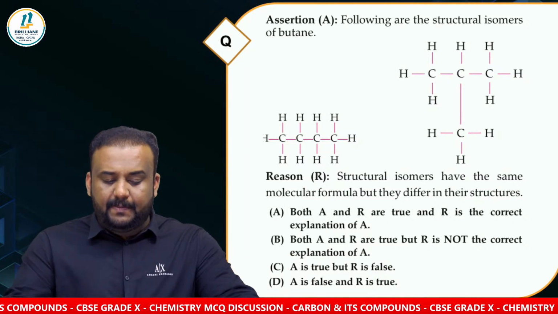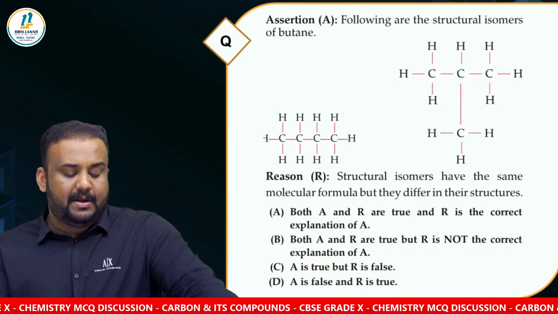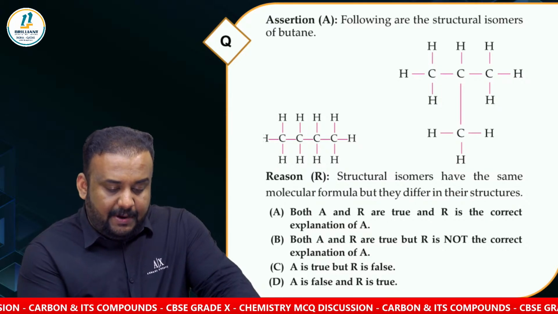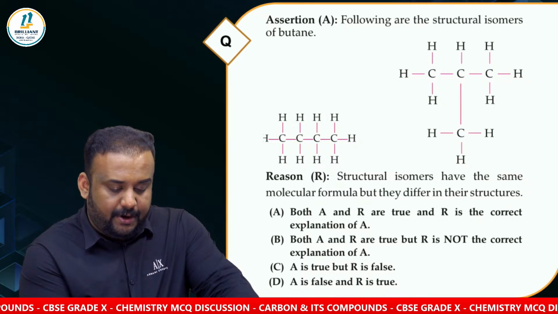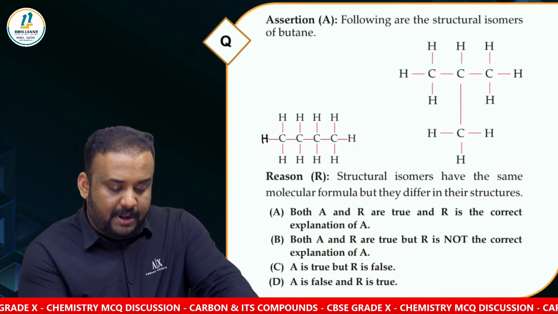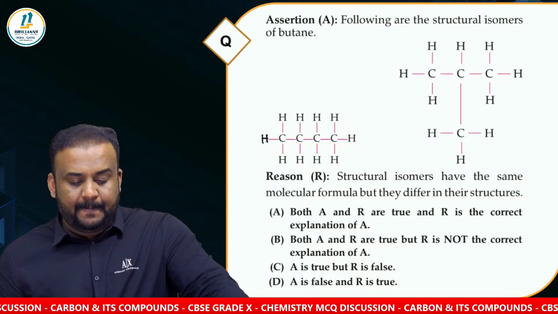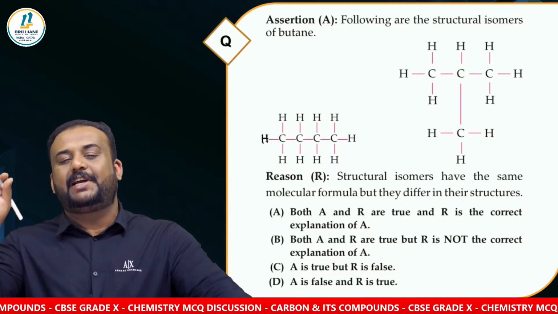The next question. Following are the structural isomers of butane, and you have a set of compounds given there, and you have to look at those compounds and say if they are structural isomers of butane or not. Look at the first compound. The first compound is CH3, CH2, CH2, CH3. It is normal butane, the straight chain of 4 carbon atoms.